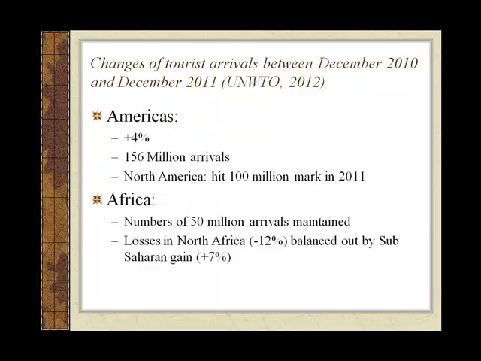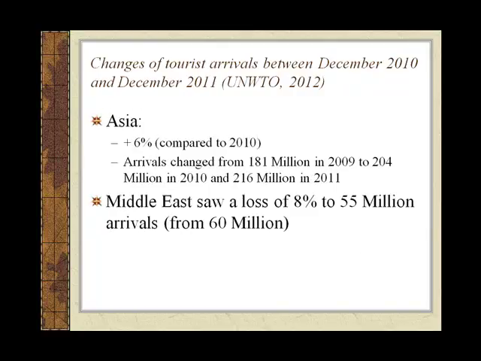And then the Americas saw a growth. First time that 100 million mark in 2011 for the tourist arrivals. Africa quite steady. North Africa, obviously you had some losses due to what's going on there at the moment, but the sub-Saharan region has gained visitors.